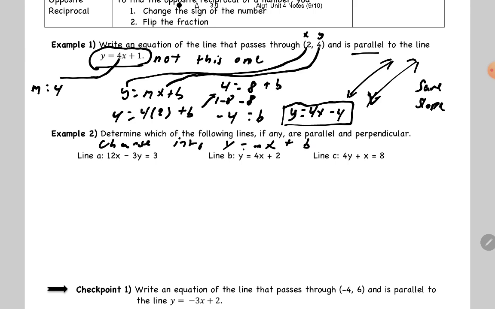For example, line B is already in y equals mx plus b form, so our slope is 4.